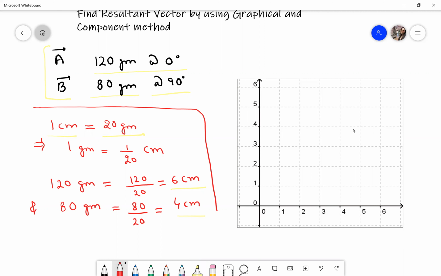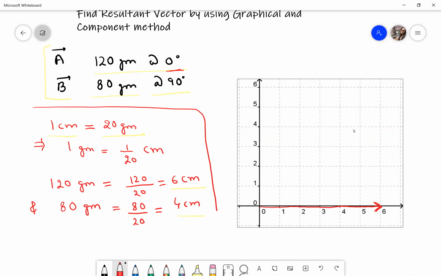Now, once we have the conversion, we can plot the graph and find the resultant from this. For the first vector, A vector, we have 6 centimeter. If you go to our graph, you take 1, 2, 3, 4, 5, 6. Our vector A is on this line because the angle is 0 degree.